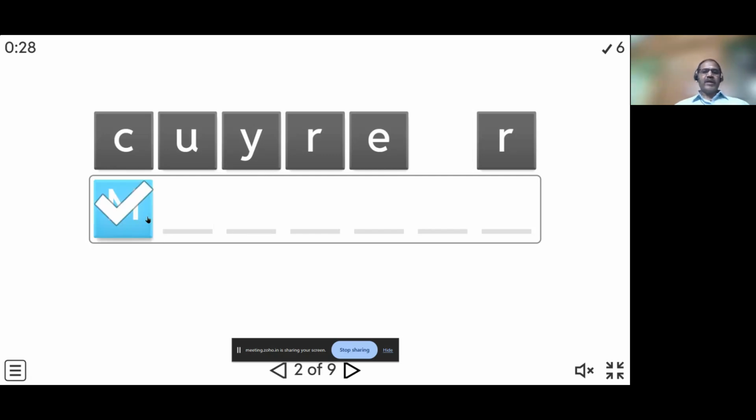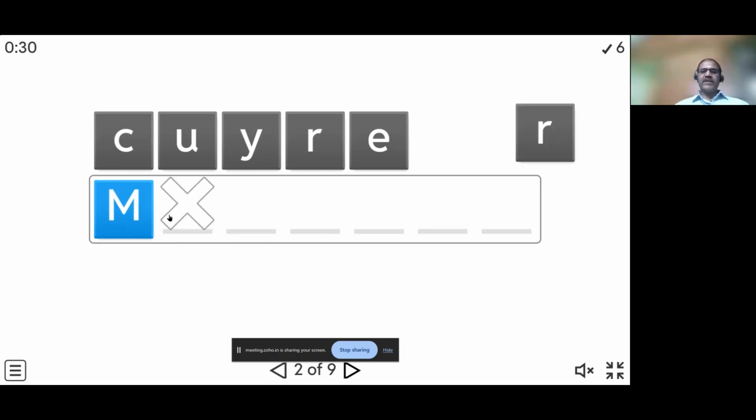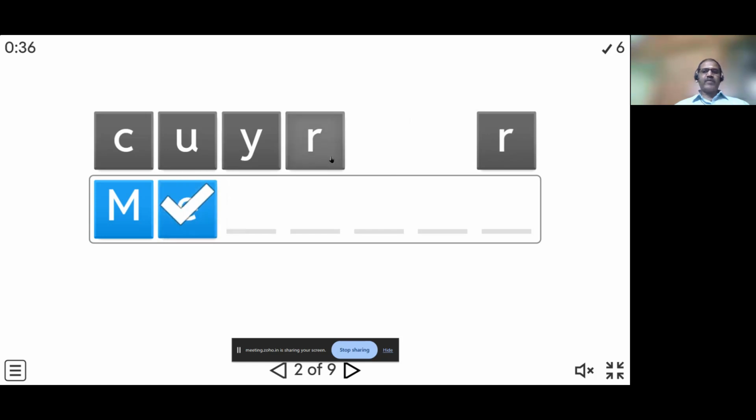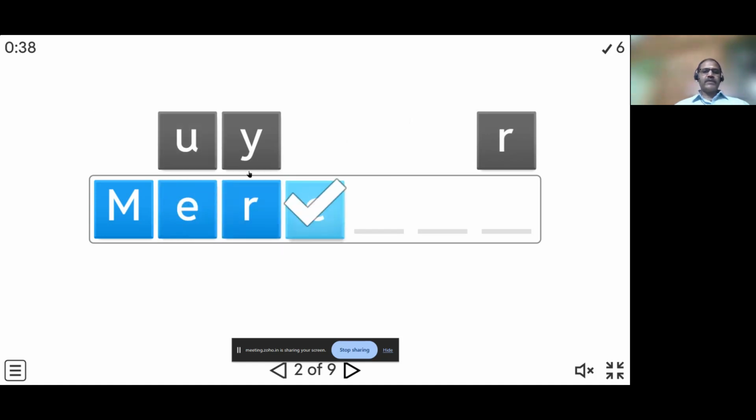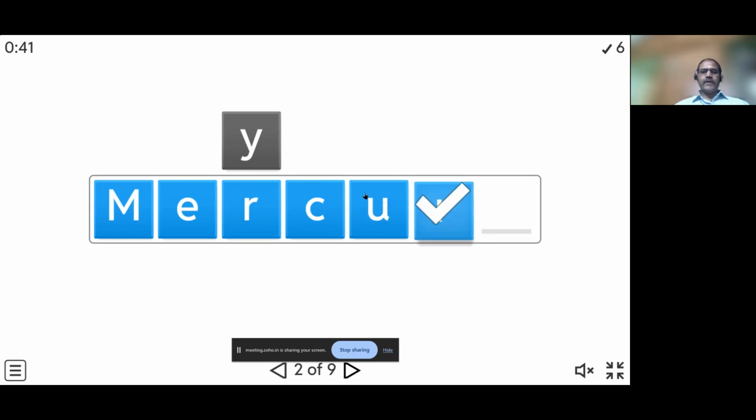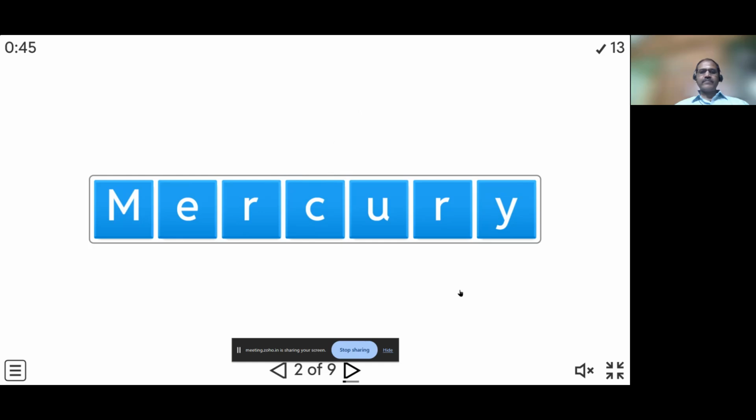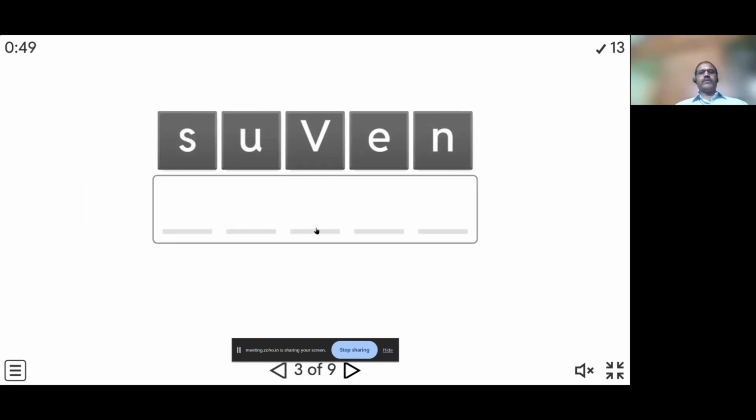So suppose I take the next letter as R, it will say no. If I say Y, it will not allow me. Only when I take E, it will allow me. R, C, U, R, Y, Mercury. Okay. Next. Now, people need to know, very simple thing, first letter is capital.